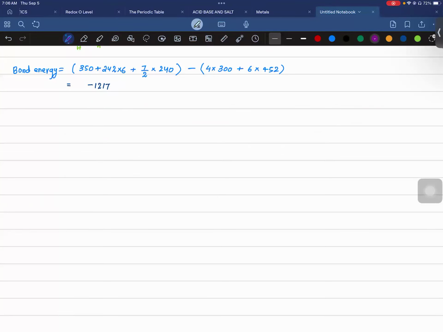Enthalpy change basically means energy change, right?